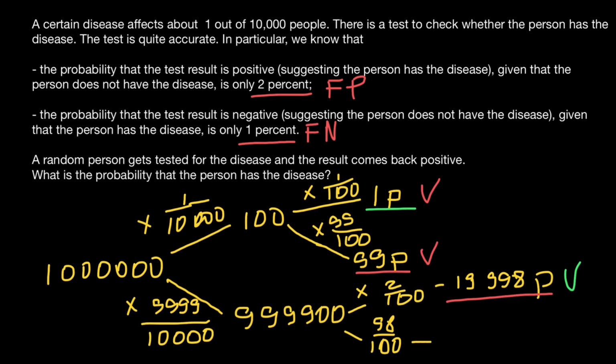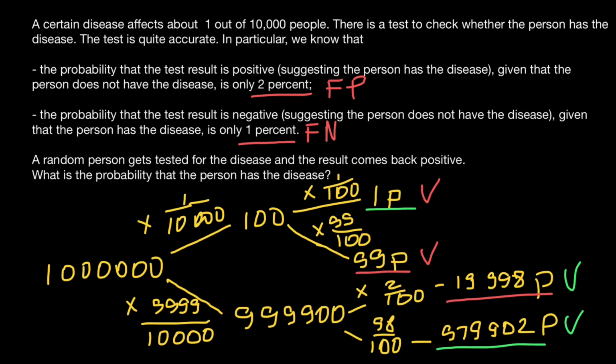And this number is going to be 979,902 people. Out of this group of people who don't have the disease, with 98% accuracy, we can say that this number of people is not going to have the disease, and the test is going to prove this.